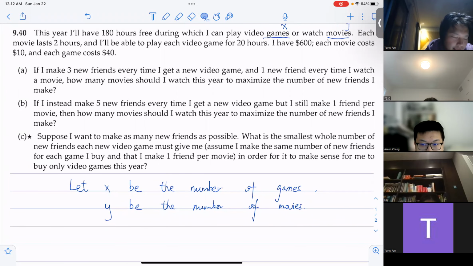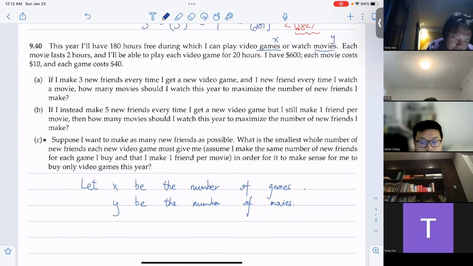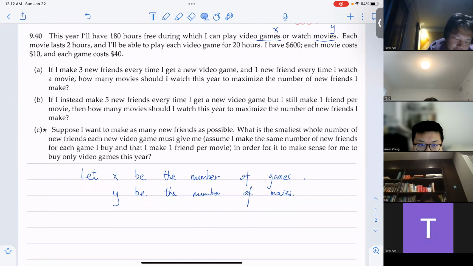So how can we write an inequality for the first condition, 180 hours? 2y plus 20x is less than or equal to 180.